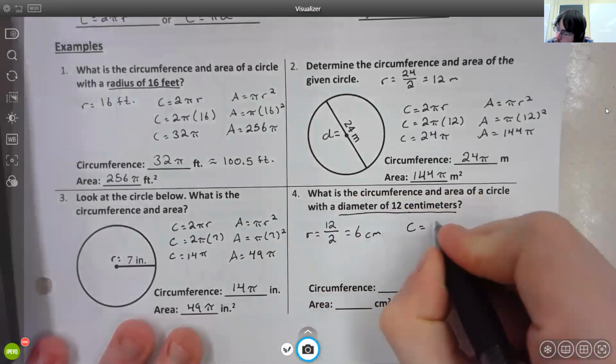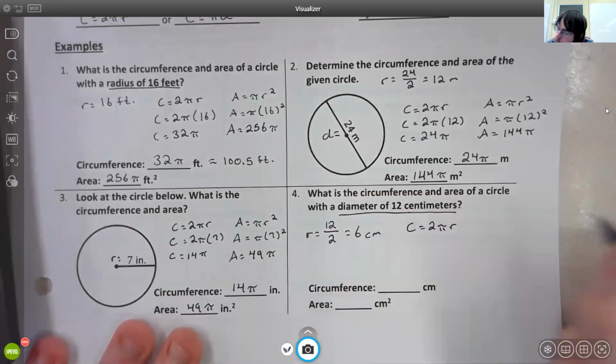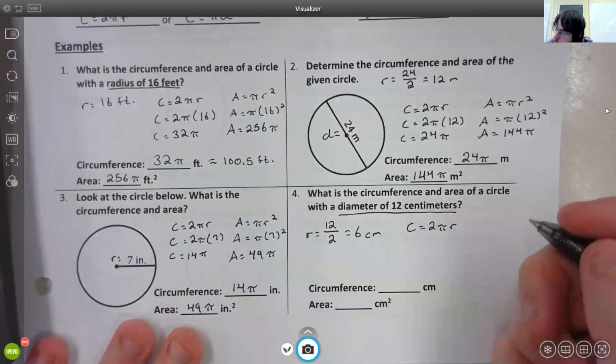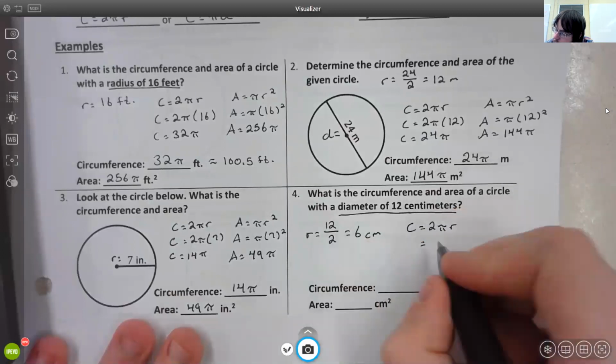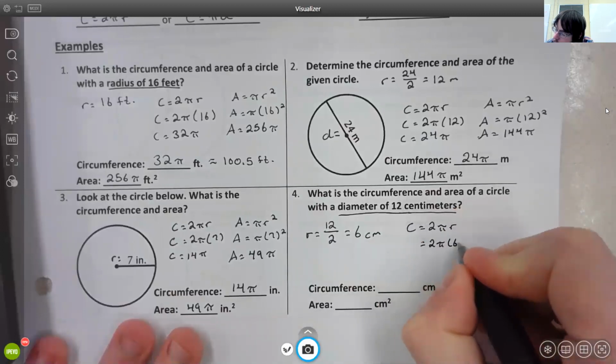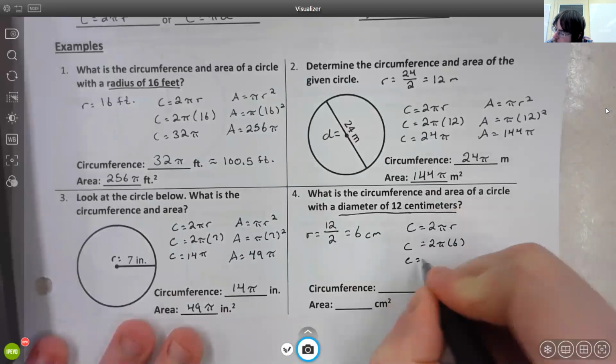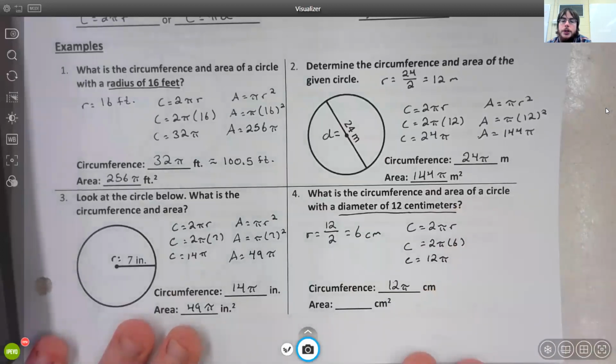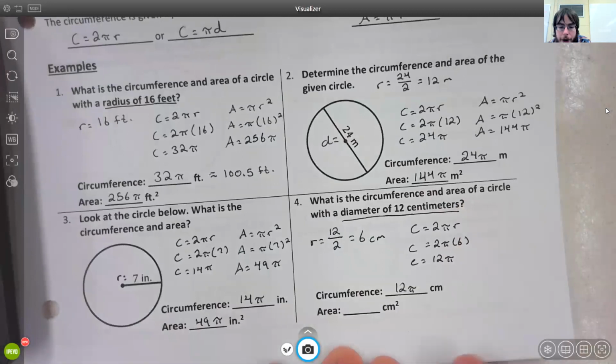Now we want to find our circumference and area. Our circumference is C equals 2 pi r. Our r is 6, so 2 pi times 6. 2 times 6 is 12, and then the pi drops down. That's our circumference. And now we look at our area.